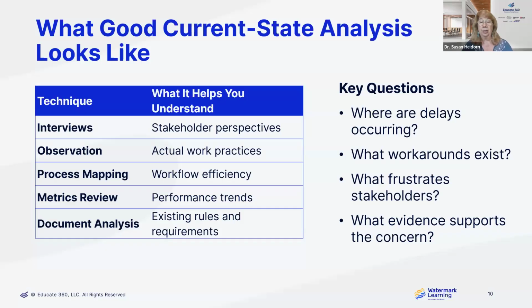What were the historical decisions? So one of the things you really want to look at is figuring out what is really going on. And the only way we can do that is sometimes through a number of techniques. So we want to know, okay, what are the delays? Are there workarounds? Are people not following the process? What's frustrating the stakeholders? What's frustrating the customers?